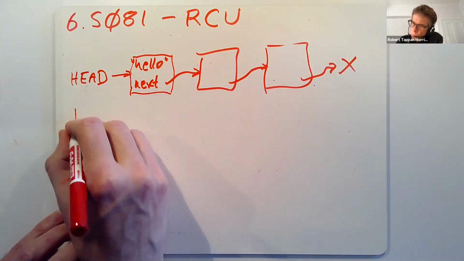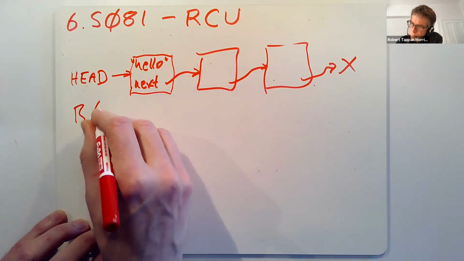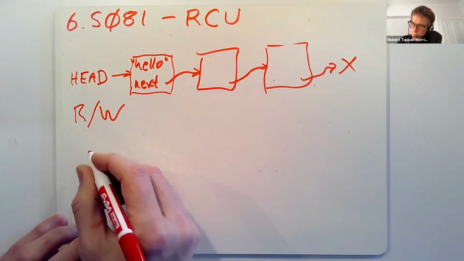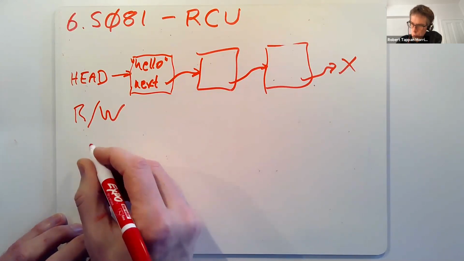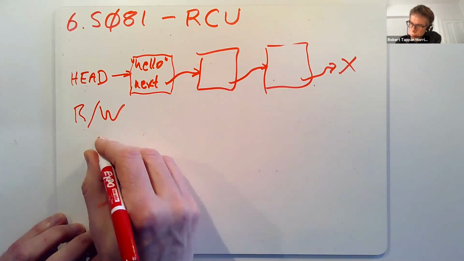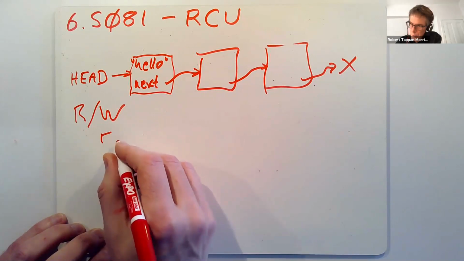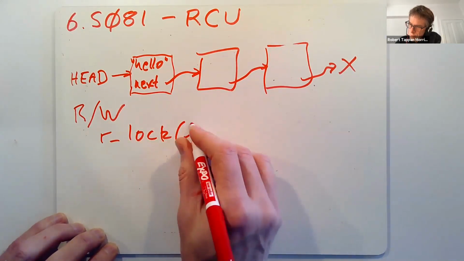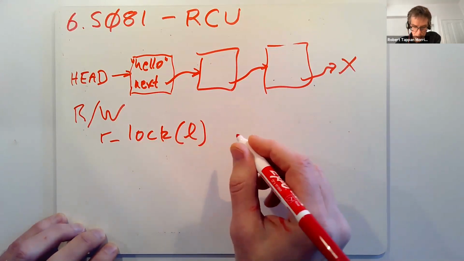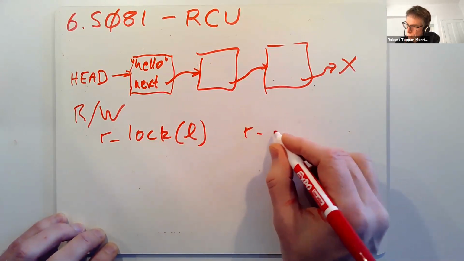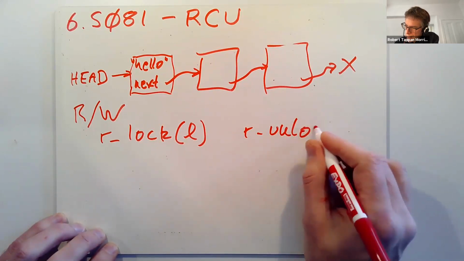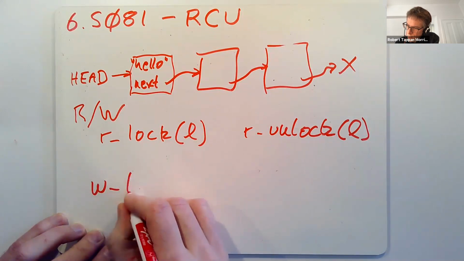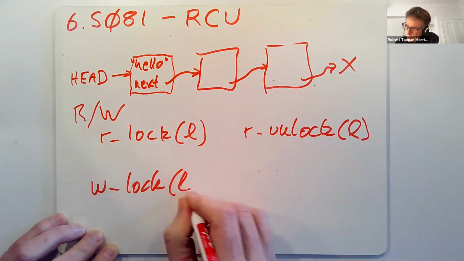So there's this notion called read-write locks. And the interface is a little more complicated than the spin locks we're used to. We're going to imagine that there's one set of calls that you call if you just want to read something. So we're going to imagine an rlock call. You pass it a lock, and then also an runlock call. Readers call these, and then there's a write lock call and a write unlock call also.